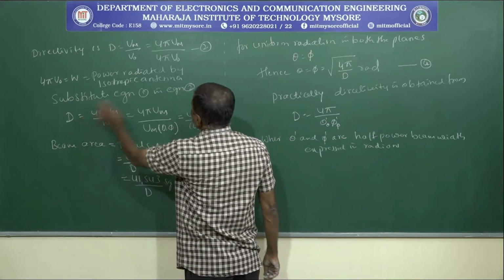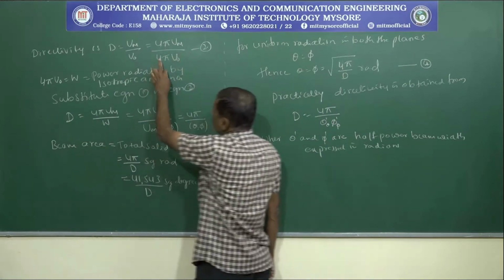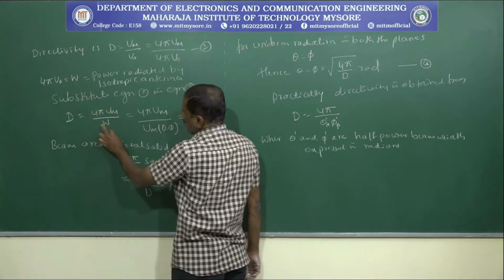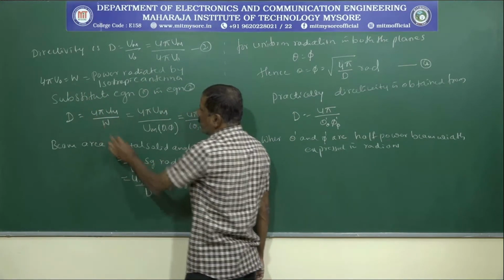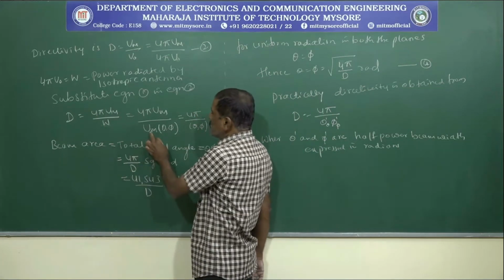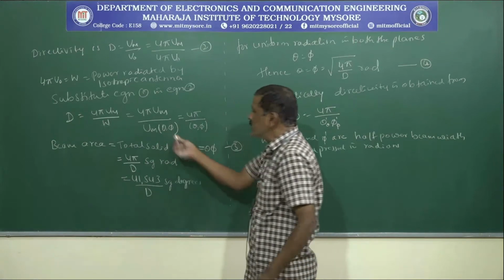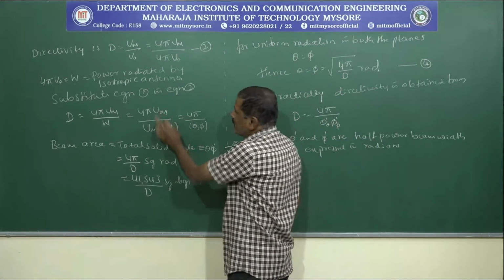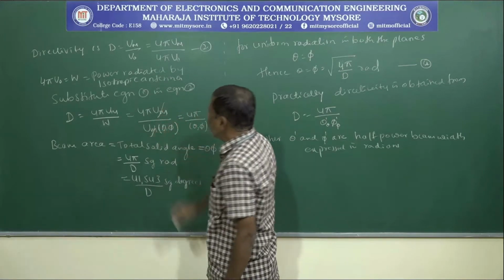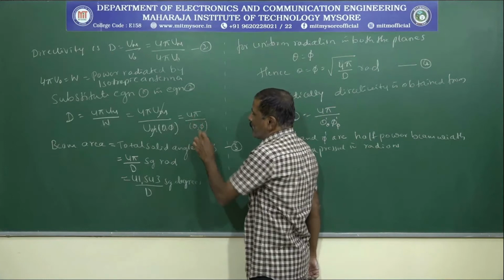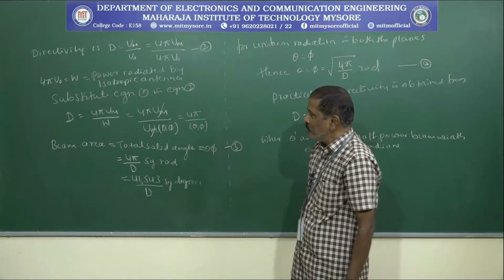Then the directivity equals 4 pi Um, and whatever 4 pi U0 is there, you replace it by W. Then it becomes 4 pi Um divided by W. And because this W is equal to Um into theta phi, where theta phi is the solid angle, the Um and Um get cancelled, and you are left with 4 pi divided by theta comma phi.